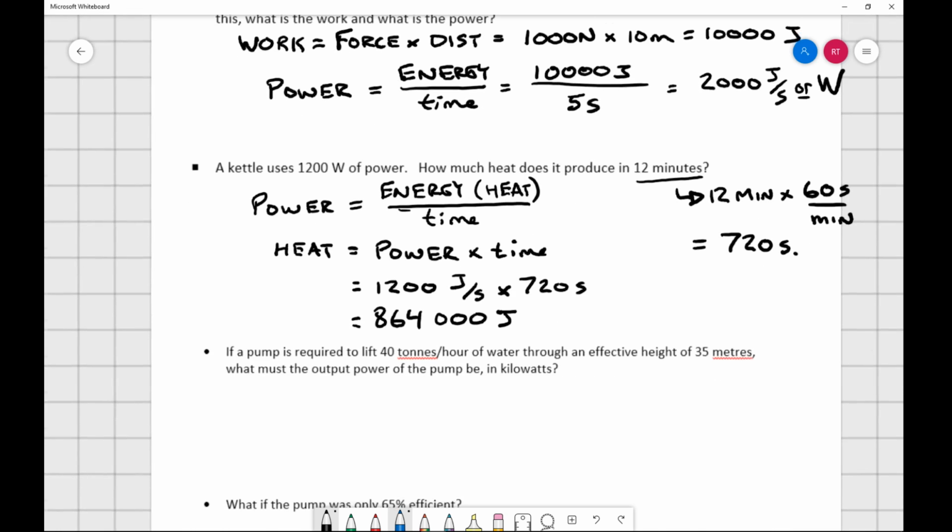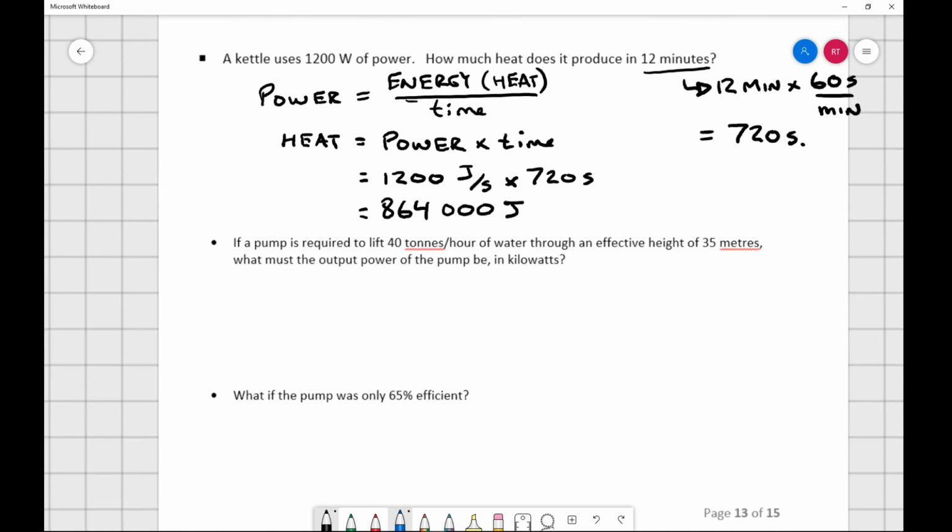We have another typical question in this section. A pump is required to lift a certain amount of water through a height of 35 meters. What must the output power of the pump be in kilowatts? This looks like it might be a thermo kind of question, but it's not. It's an applied mechanics question that just has a pump in it. So we just describe what's happening.